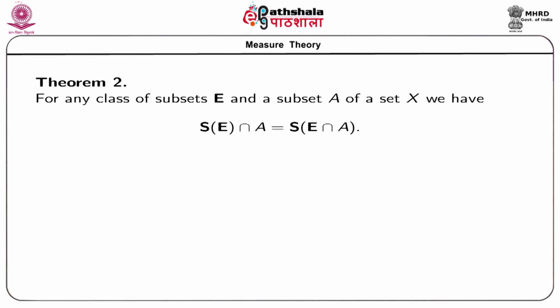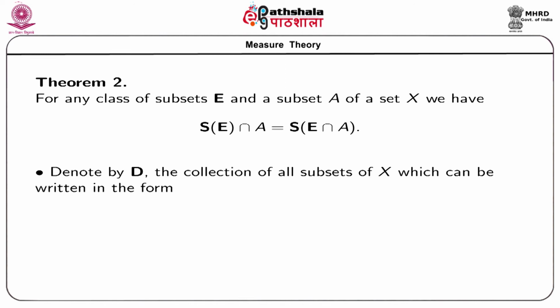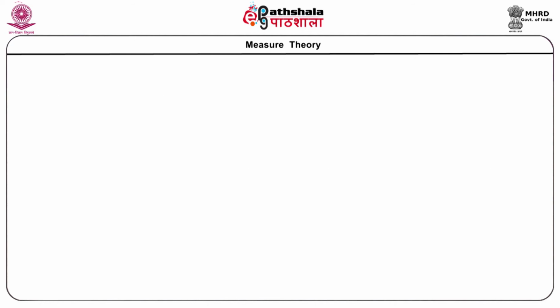Here E intersection A stands for the collection of all sets of the form B intersection A, where B is a member of E. The proof goes like this: denote by D the collection of all subsets of X which can be written in the form B union (C minus A), where the first set B belongs to the sigma ring generated by E intersection A, and the set C belongs to S E.